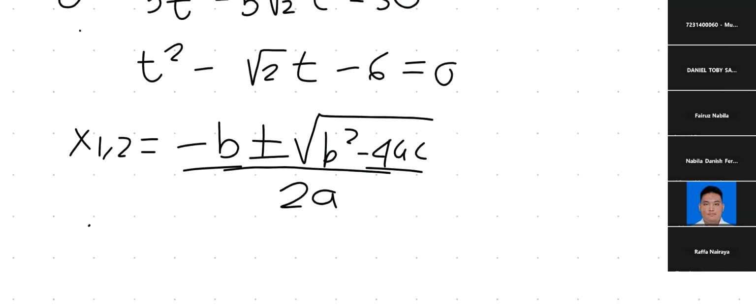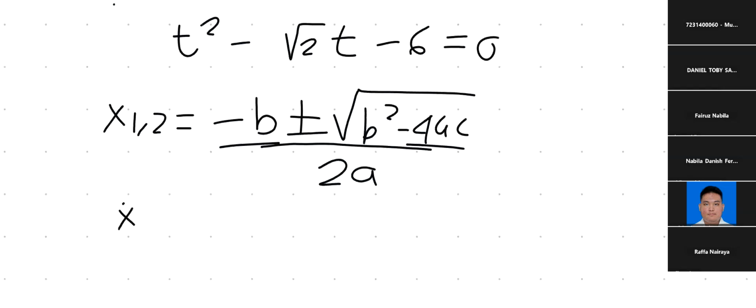Wait ya, ini daripada aku plugin satu-satu kan lama ya, aku pakai photomat aja ya. So, t1 is equal to minus 1.84 seconds.